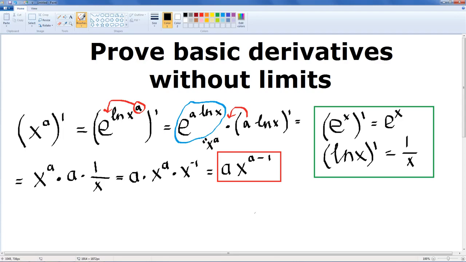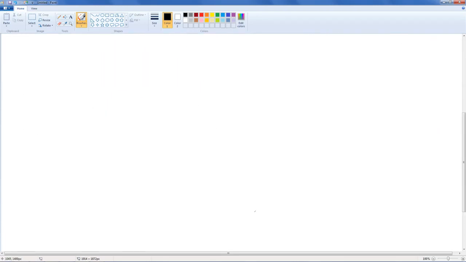Okay, great. Now, let's do the second one. This time, let's do a to the power of x, which is a little bit more interesting. The derivative of a to the power of x. Now, we do exactly the same trick.